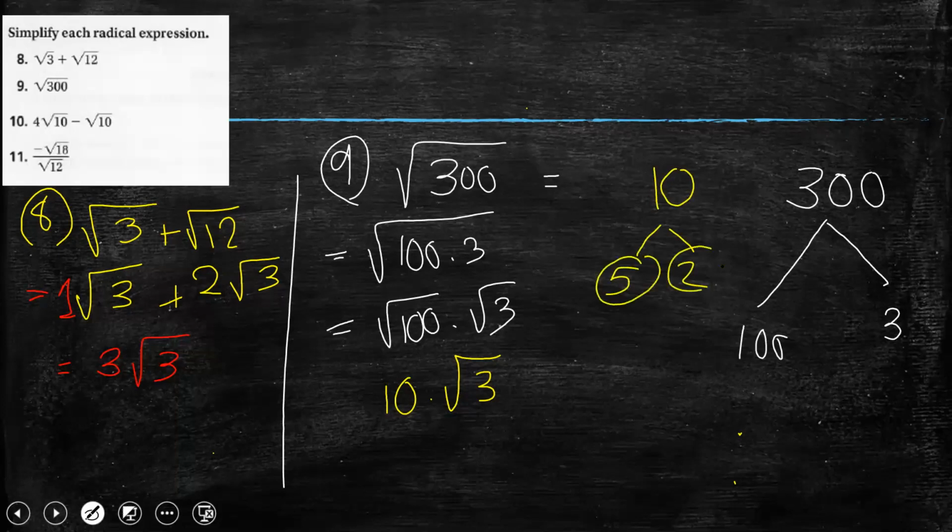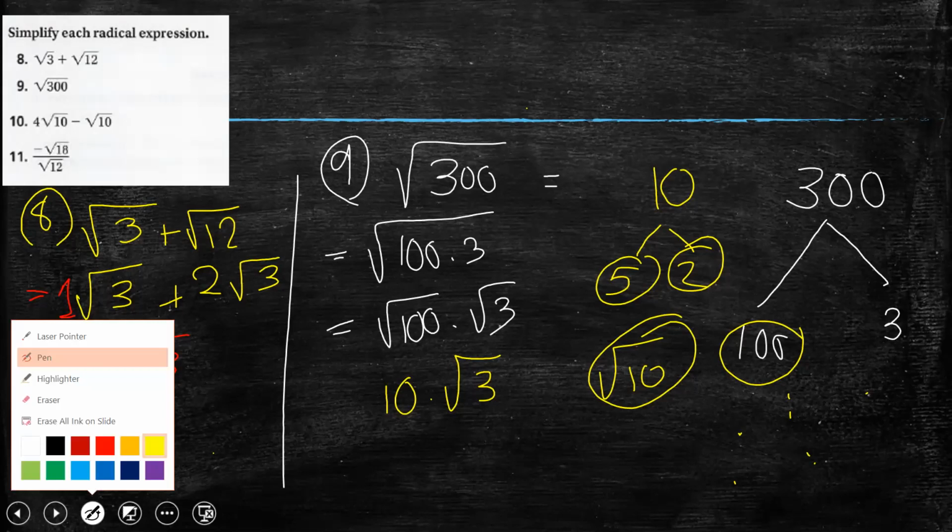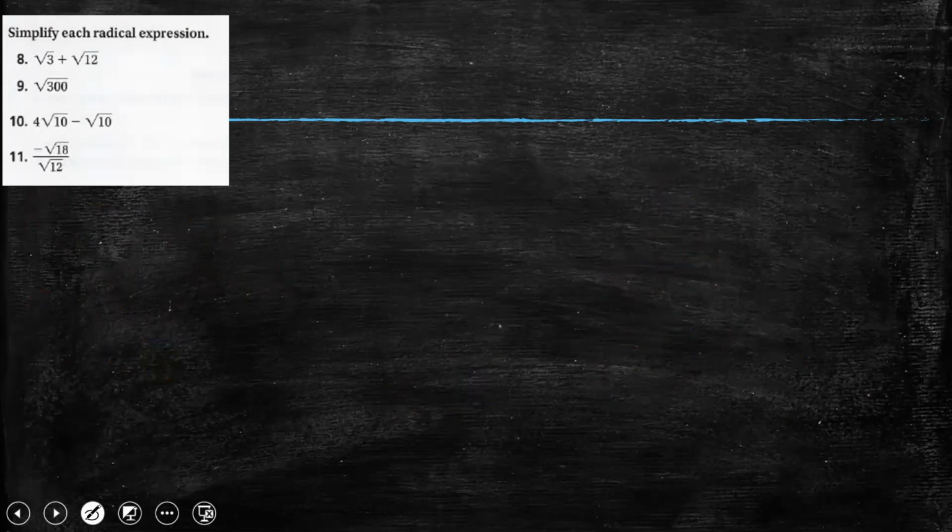When you factorize, you find that the two numbers are prime, so you have to stop. You can keep it as square root of 10. But like 300, one of these two numbers is a perfect square or a compound and not prime, so we have to continue. If it's prime or a product of two prime numbers, you can stop.